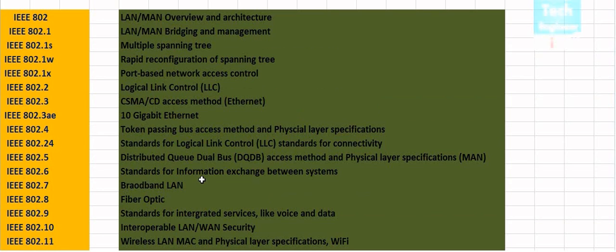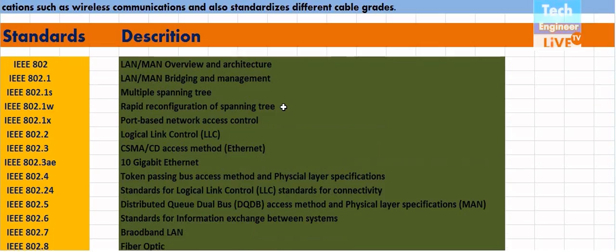and the standardization which they made, like broadband LAN, fiber optic, Ethernet, Wi-Fi, Bluetooth. So even these are very important to know, and you might face questions on these standards in examinations.